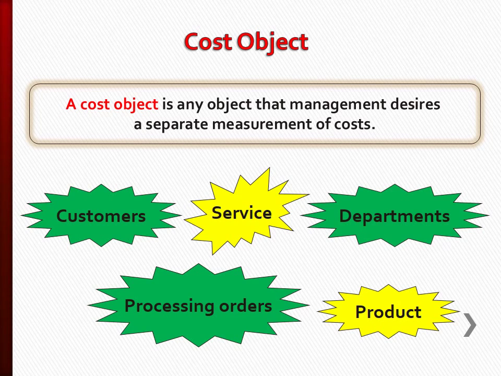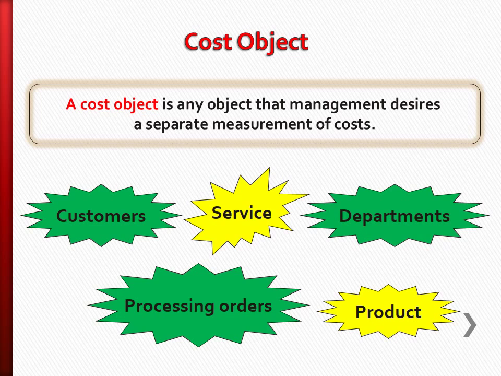Cost object. In previous sessions, back in unit number 9, the primary cost object we discussed was either a product like circuit boards or a service like providing accounting services, audit services. However, in a company, there are many things that could be a cost object.